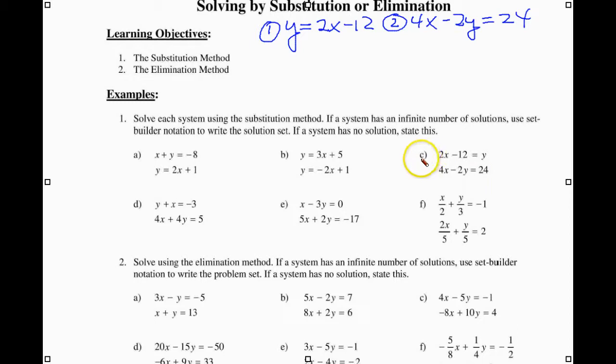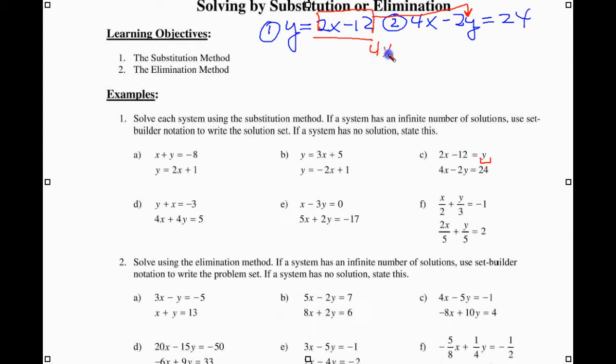So as we look at letter C, there is y by itself. So I've rewritten it. Y is this. So I'm going to take that and put it where y is in the other equation.